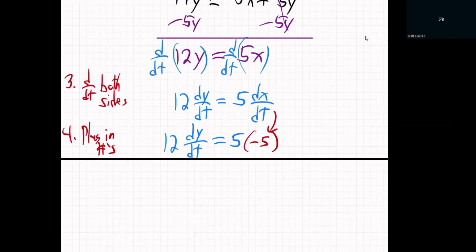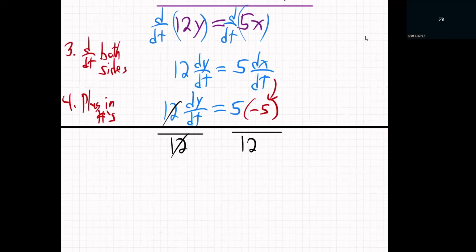Okay, solve for dy dt. Divide both sides by that 12. Boom. So then dy dt is minus 25 over 12.